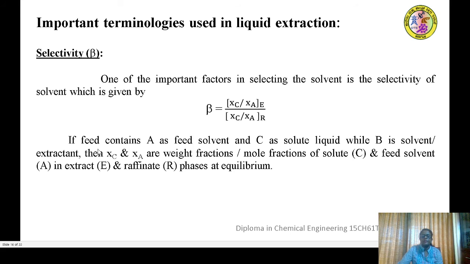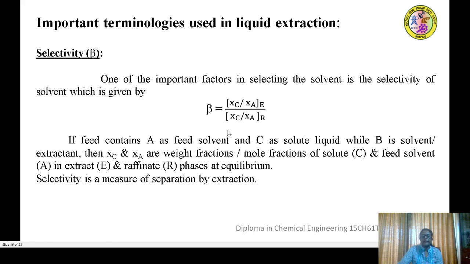Okay, so if you are considering a feed that contains A as a feed solvent and C as a solute liquid, while you represent the solvent as component B, then Xc and Xa are the weight fractions, or can also be represented in terms of mole fractions, of solute to feed solvent in the extract phase, and the same ratio in the raffinate phase, both at equilibrium.